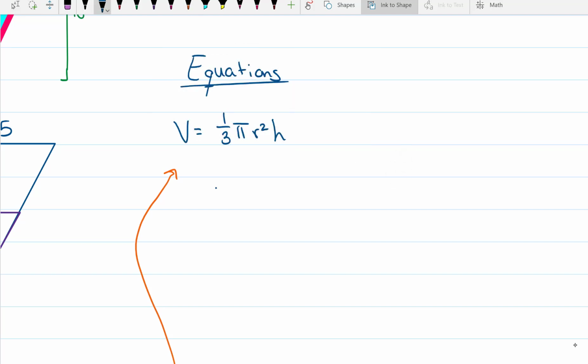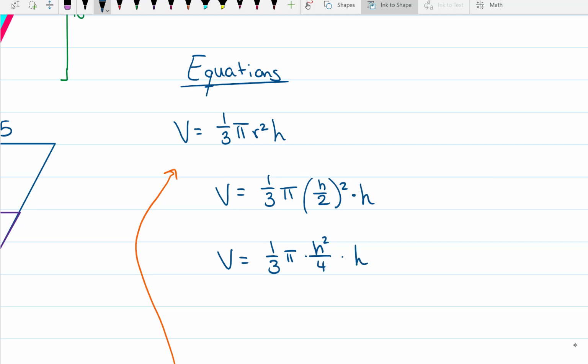So I get volume is equal to 1/3 pi (h over 2) squared times h. So volume is 1/3 pi h squared over 4 times h. So volume is pi over 12 h cubed.